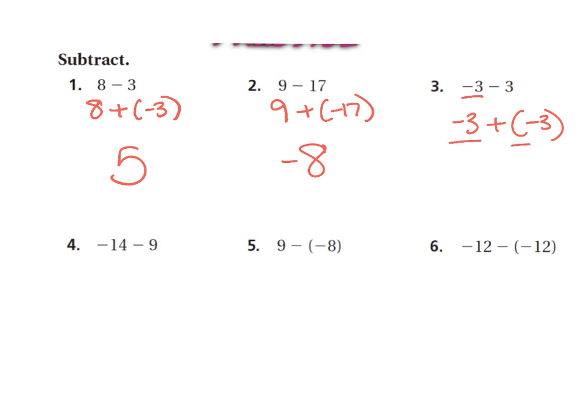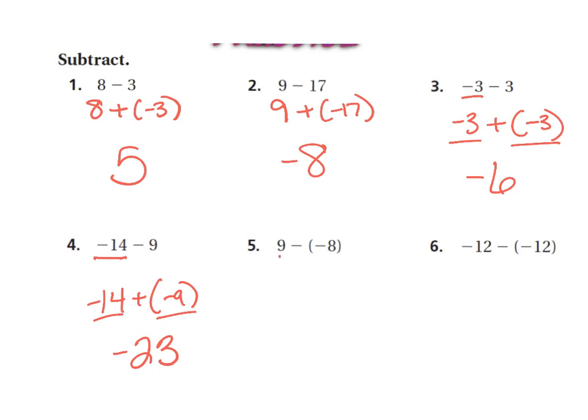I have a negative 3 and another negative 3. I have a negative 6. Stay, change to addition. Opposite of positive 9 is a negative 9. Negative plus another negative is an even bigger negative, so I got negative 23.